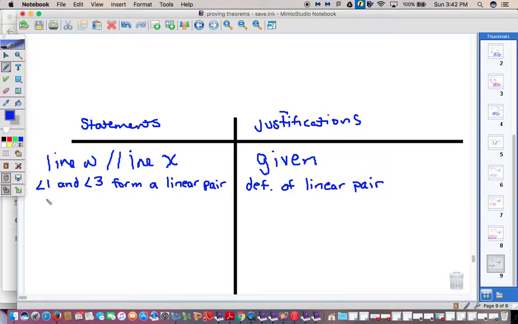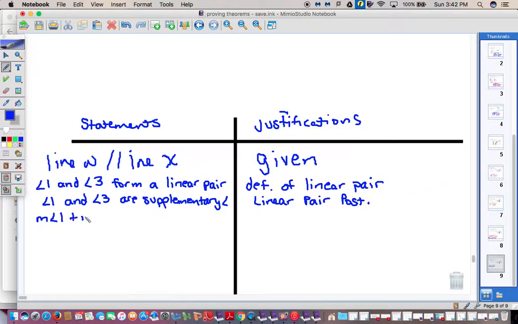And we can say that angle 1 and angle 3 are supplementary angles, and that's by the linear pair postulate. And then we can say that the measure of angle 1 plus the measure of angle 3 equal 180 degrees, and that's by definition of supplementary.